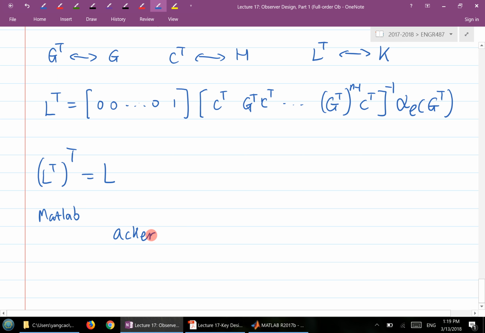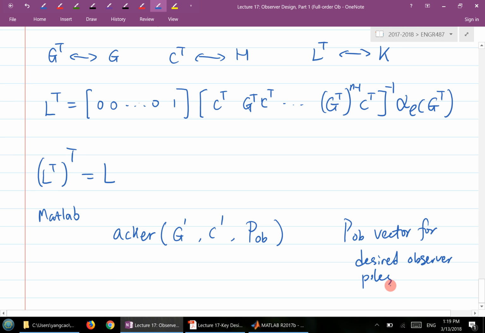ACKER is the Ackermann formula, and what you give to it is G transpose, C transpose, and then a vector, whatever you want to call it. This vector POB here is a vector for the desired observer poles.